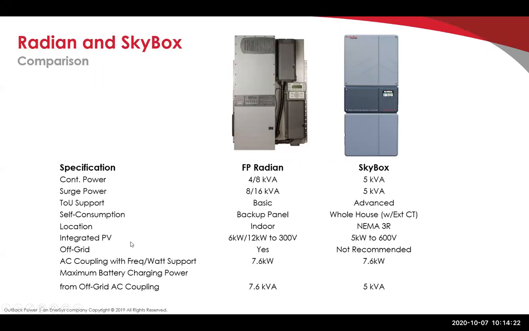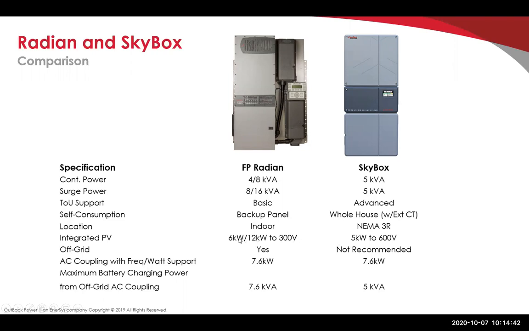So in terms of integrated PV, we can convert as much as 6 kW, or 12 kW if you have two charge controllers, and up to 300 volts of open circuit voltage.